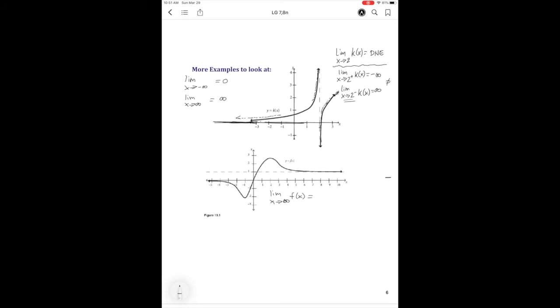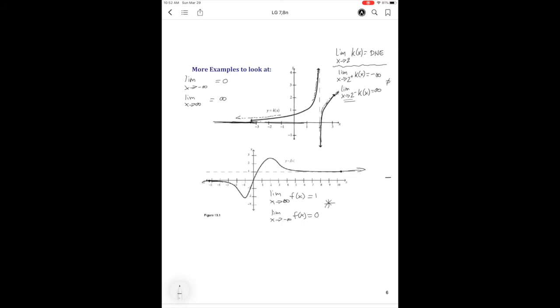Well, you can see that this is going straight out here off to positive infinity, this line is flattening out, so it's got a horizontal asymptote of 1. If we do the limit as x is approaching negative infinity, so we're going this way, it's flattening out at 0.